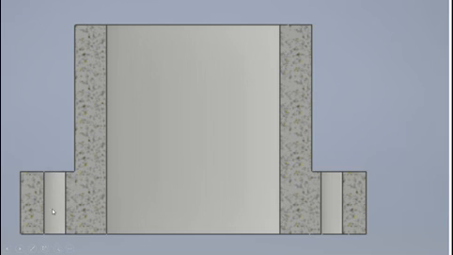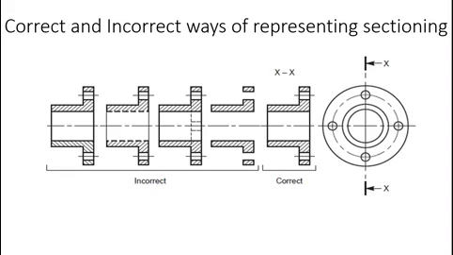You're going to have to draw a center line, a long dash line here, and also there in the middle to show that this part here is a circle. And lastly, even here you need to show that this is a circle by drawing a long dash there in the middle. Then your drawing will look the same as this one, which is correct. So that is section XX.